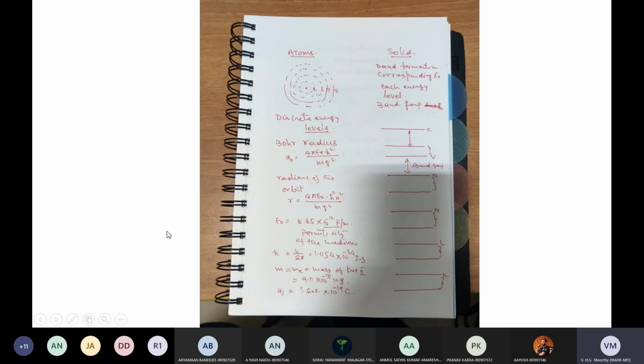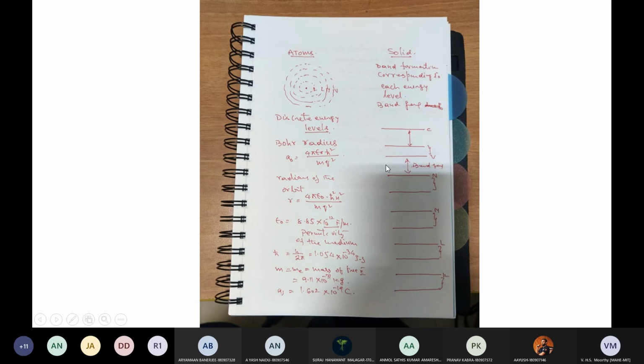Then all corresponding energy levels of each atom will constructively interfere and form what is called a band of that particular discrete energy level. So the K discrete energy level forms the K band, the L discrete energy level will form the L band, M band, N band like that.